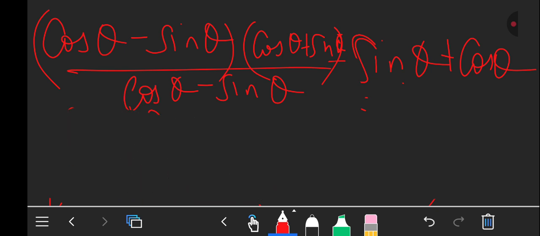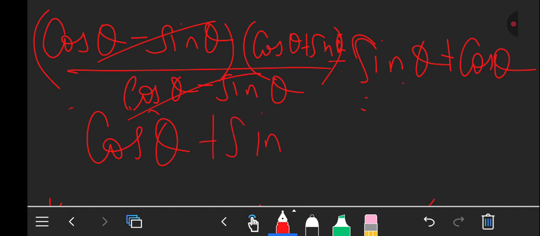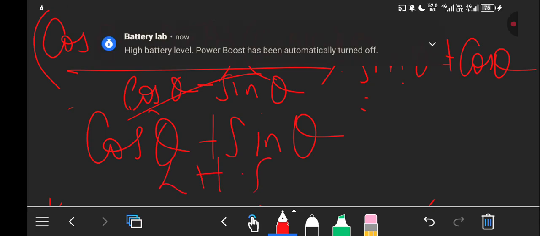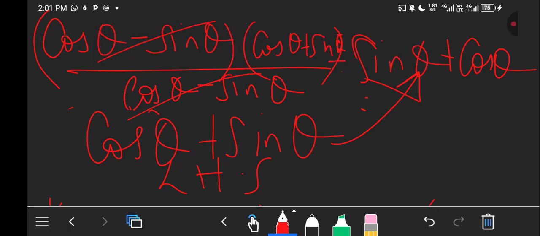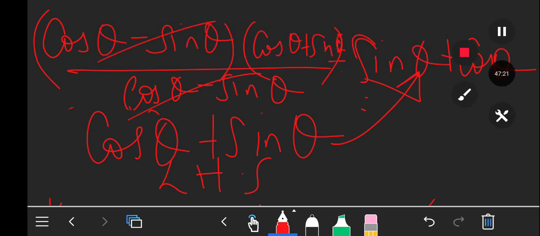We can see now that cos theta minus sin theta over cos theta minus sin theta can cancel, and we are remaining with cos theta plus sin theta. So this is the right hand side, and we can see that it is giving the same value. So this is how you can basically solve. Thank you for watching. Have a great day.